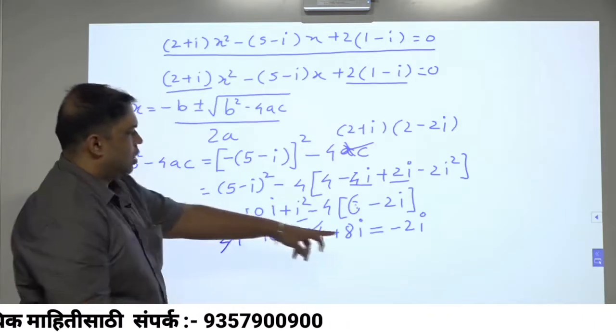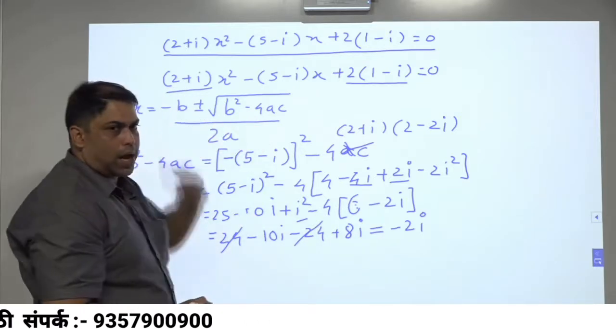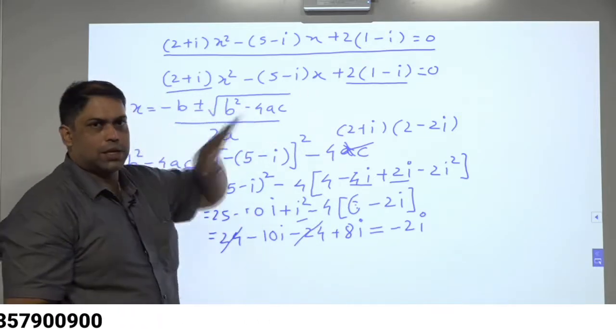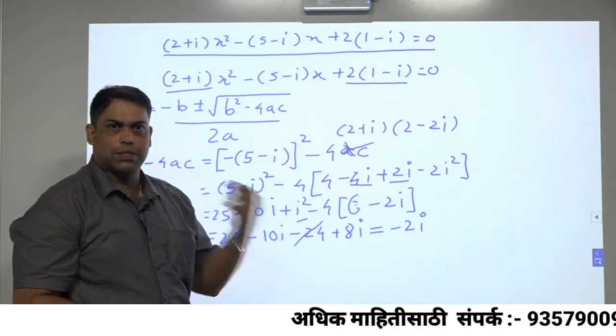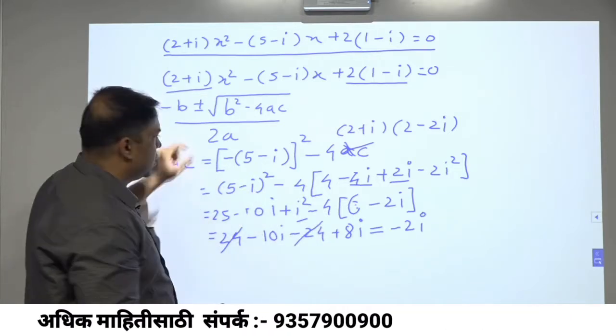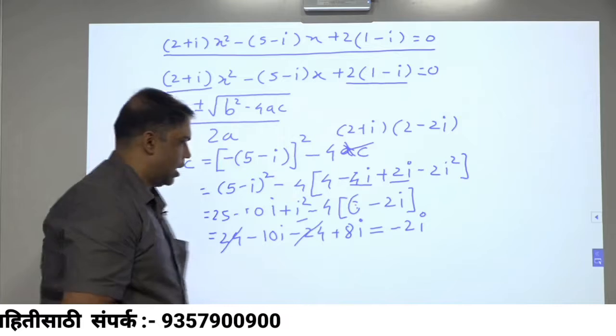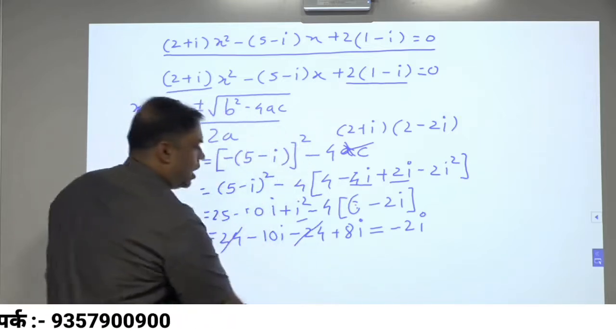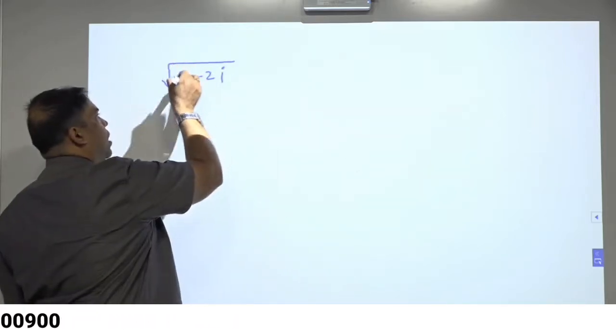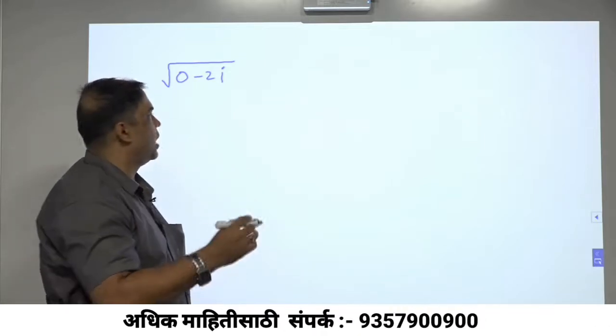See, here minus 2i, because what I want is the square root of b square minus 4ac. b square minus 4ac is minus 2i. So I will find the value of the square root of 0 minus 2i.